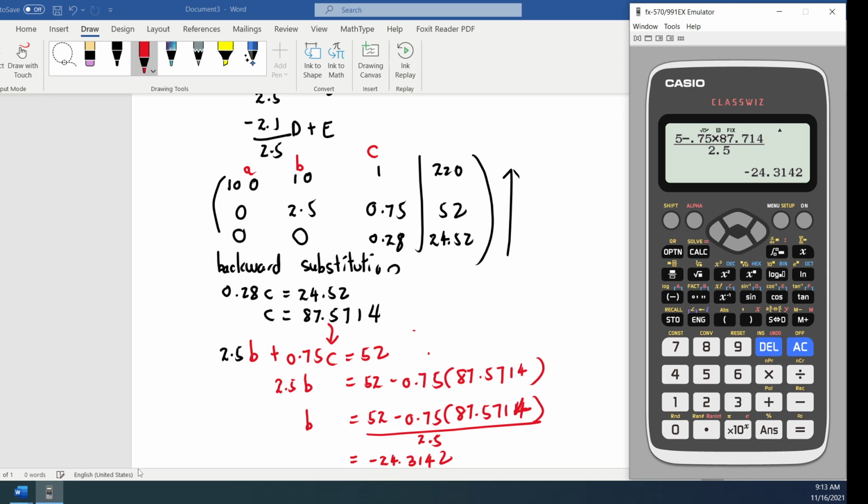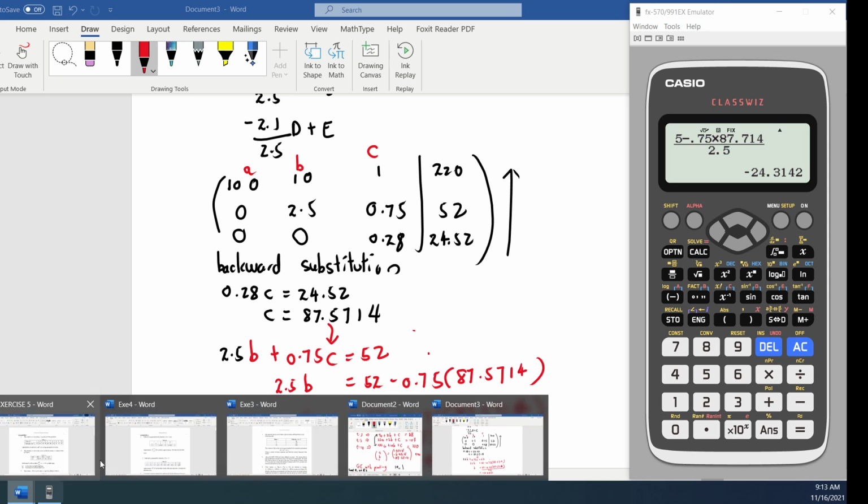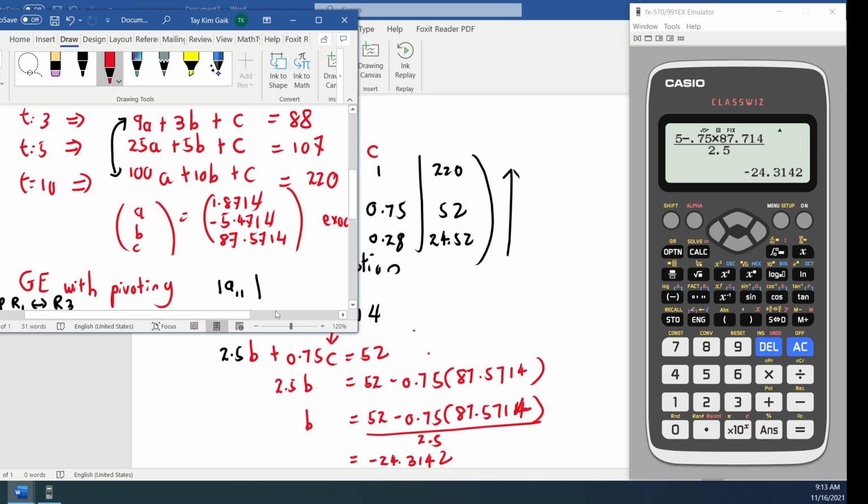Okay, check with the exact solution from just now. That's a different answer. The exact one is negative 5.4714.